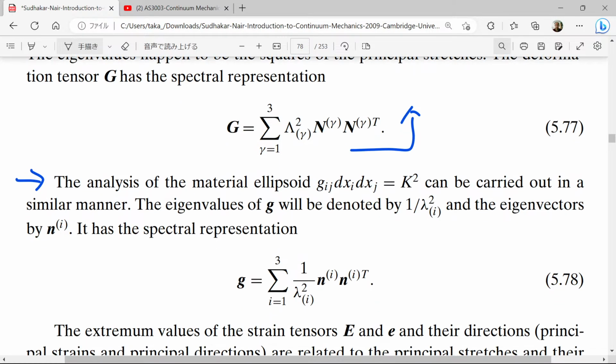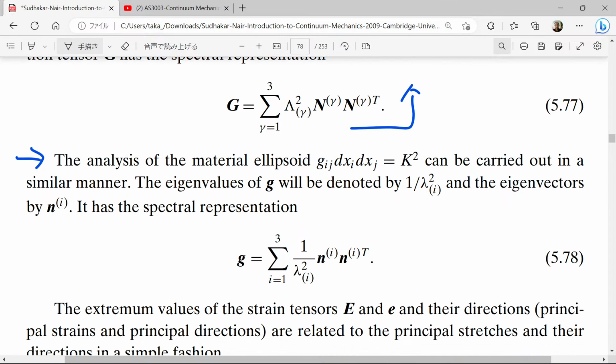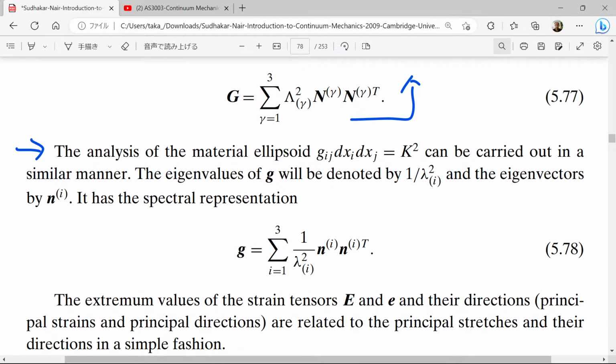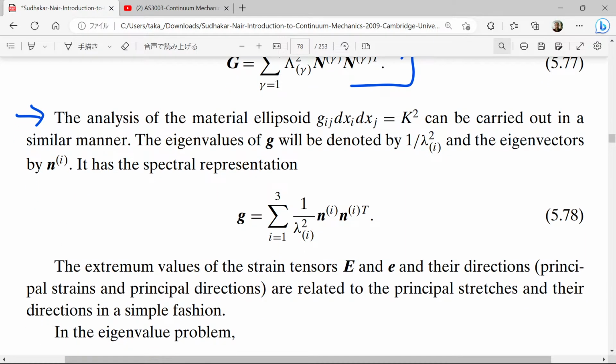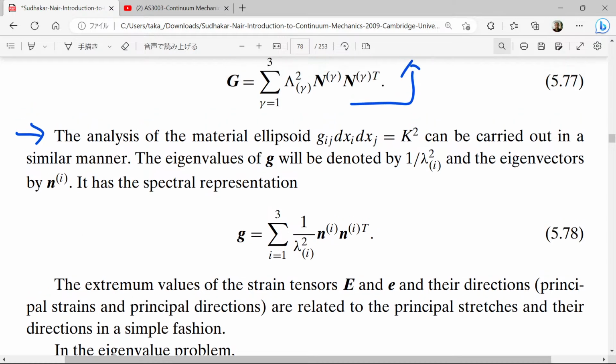Gij dxi dxj equals k square can be carried out in a similar manner. The eigenvalue of small g will be denoted by 1 over small lambda square I, and the eigenvectors by n.